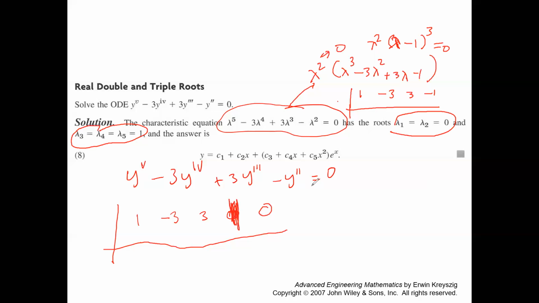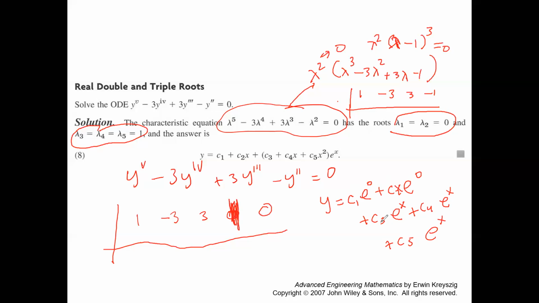So you will have the solution y equal to C1 e to the power of 0 plus C2 e to the power of 0 plus C3 e to the power of 1x plus C4 e to the power of x plus C5 e to the power of x also. But as the modification rule mentioned, we already have C1 and e to the power of 0, so you have to put x over here.